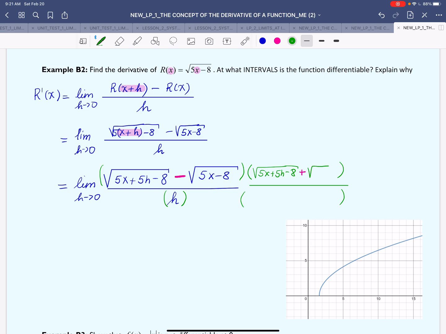So 5x minus 8. And we have to do the same thing to the denominator, obviously, because that's the rule. We cannot multiply just one side of the fraction and not the other, right?